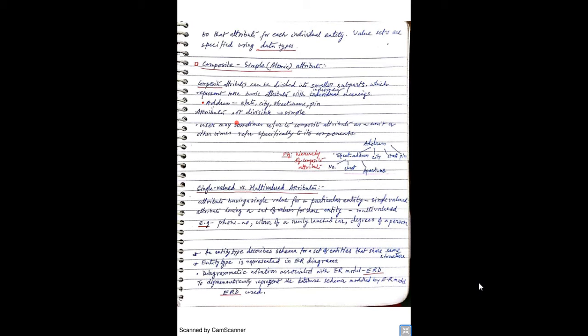Domain means the range of values that are allowed. For example, the pin code, or for example the marks. The data type of the marks will be number, but the domain of the marks is from 1 to 100.